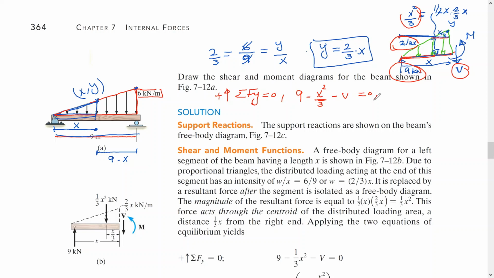So if we solve this, V is equal 9 minus x squared over 3.